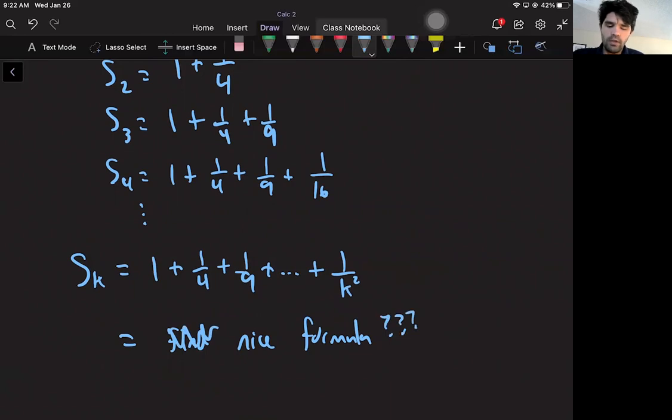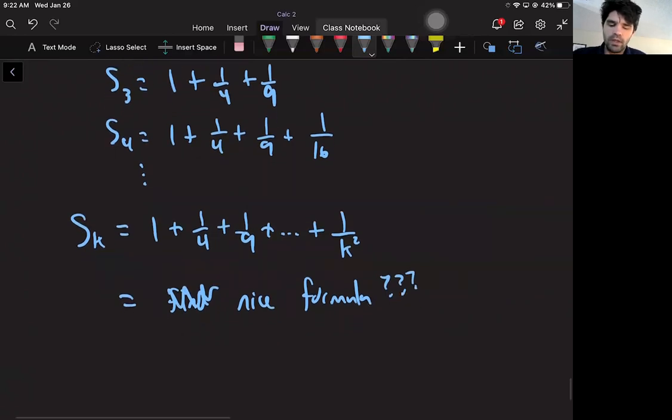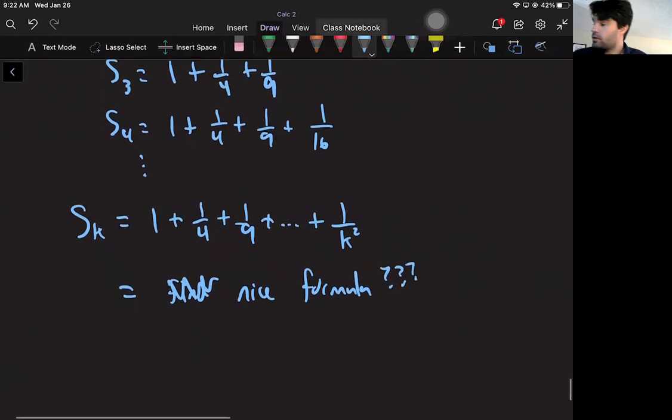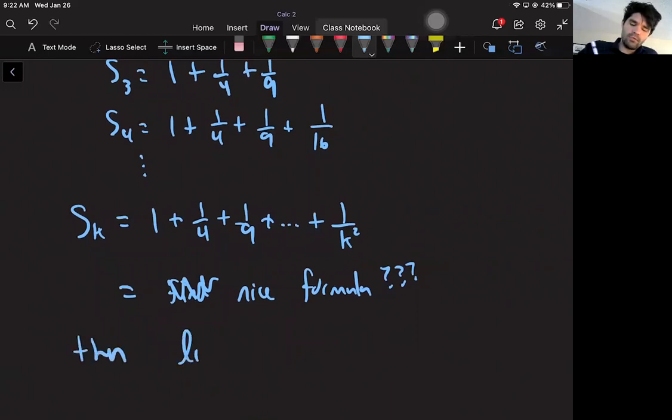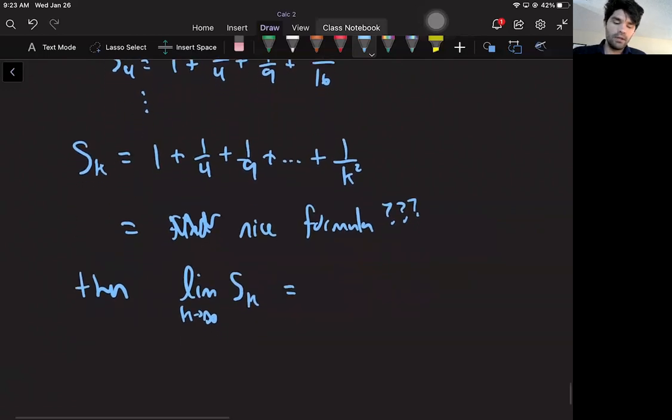We did it for the other one with the 1 over 2 to the n in the previous example. This one's much harder actually to do. But then once you have the nice formula, you would do this limit. And whatever that limit is, if it's a number, then it would converge.